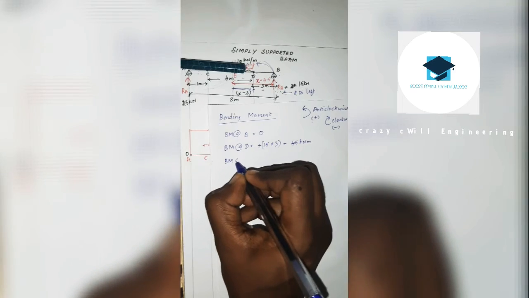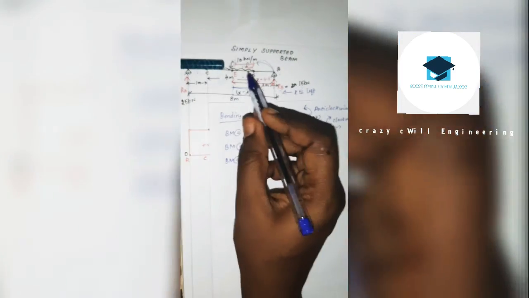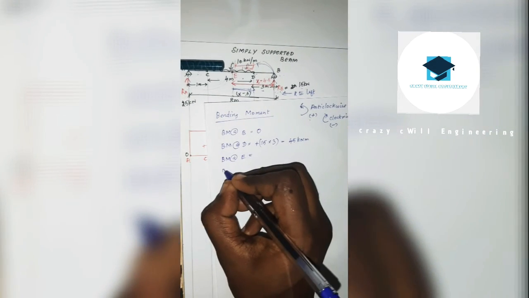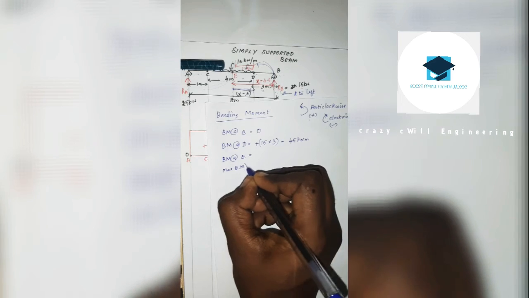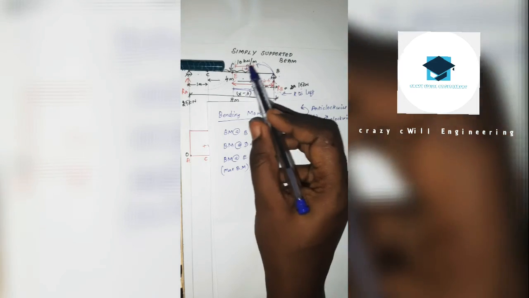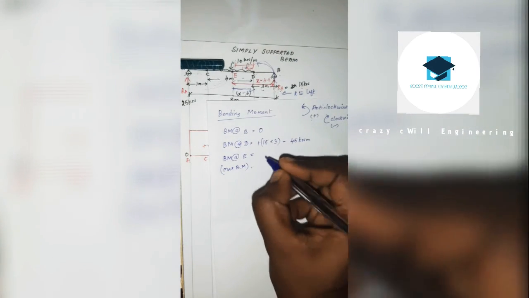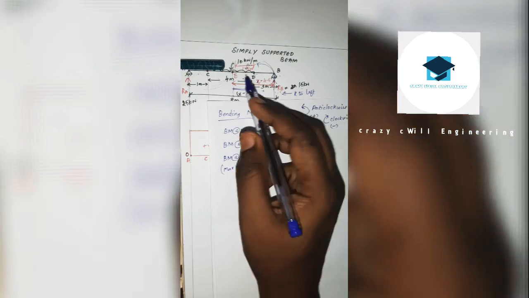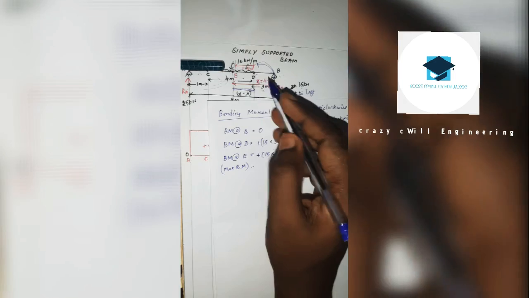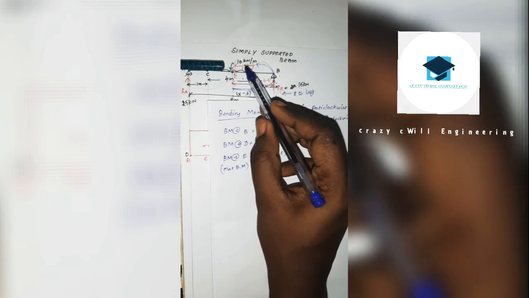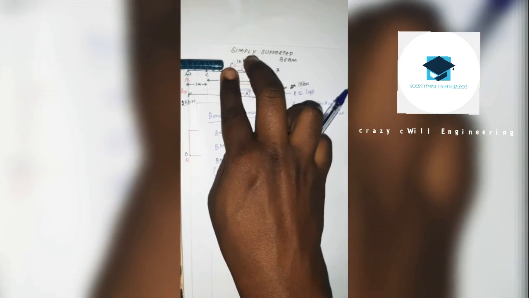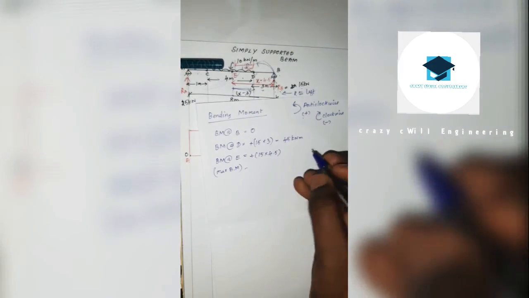Bending moment at E point. Here the moment is maximum. So this is the E point. It's written as maximum bending moment. Here RB 15 is acting anti-clockwise towards E. So plus 15. Distance between E and B is 4.5 meter. And the UDL is acting towards E by clockwise direction.